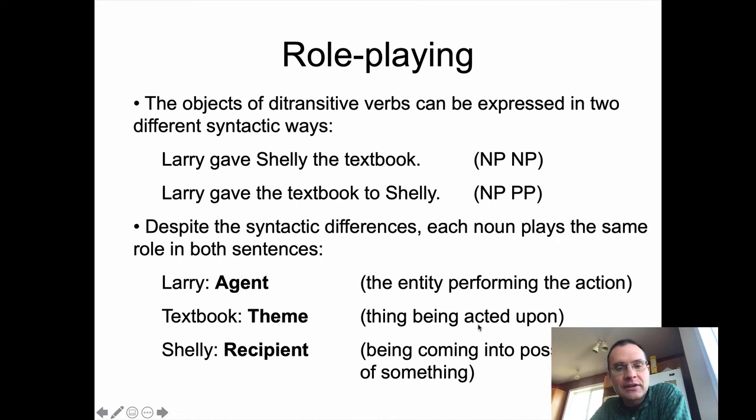That's the thing that's being acted upon. I called it the direct object before. I can think of that as a syntactic phrase, but Larry is giving a textbook. He's doing something to the textbook. And then Shelley is the recipient. She's the being who's coming into possession of something, namely the textbook in this case. So there's 3 different roles here, and each of the 3 different noun phrases for subject, direct object, indirect object is fulfilling one of those roles, kind of required by the action of giving.